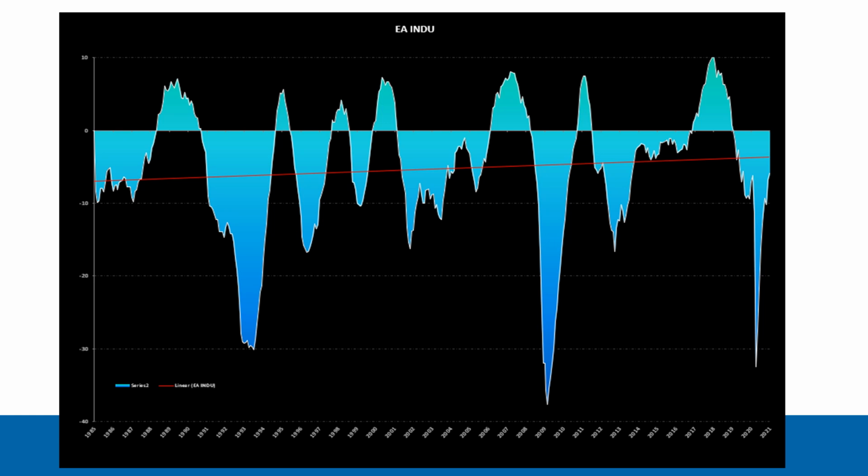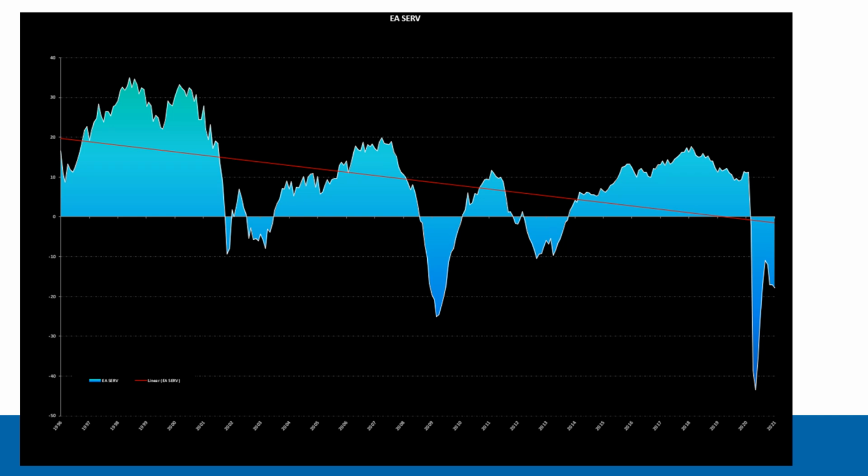We can see this type of data borne out in the service sector. Remember, this component is a 30% weighting in the index. We can see that for the most part, services over the entire data set have been in the positive. However, the long-term average has been coming down the entire time from positive and even went negative in the late teens, so in 2019.